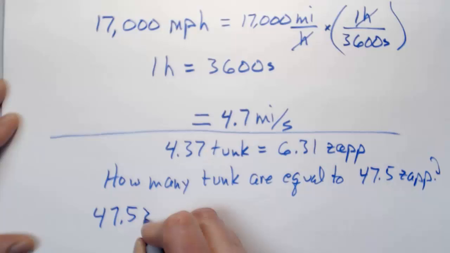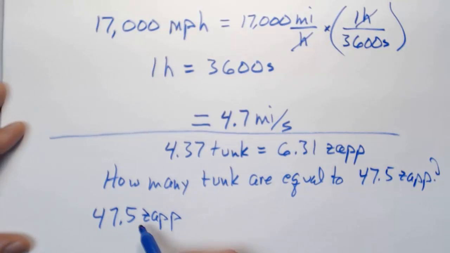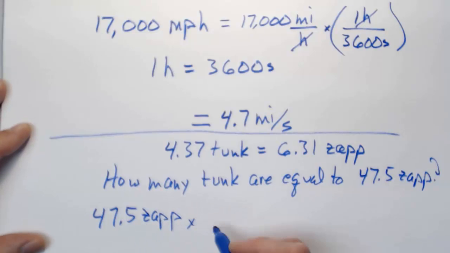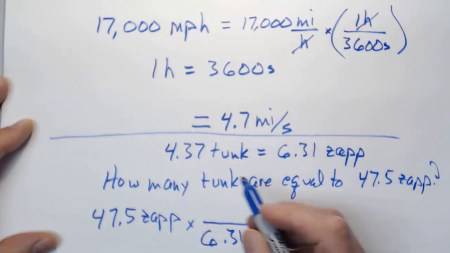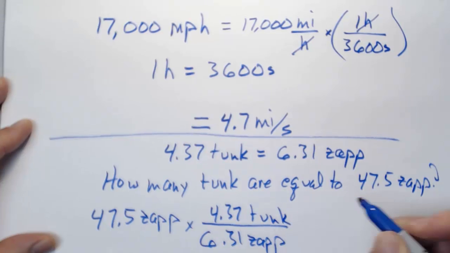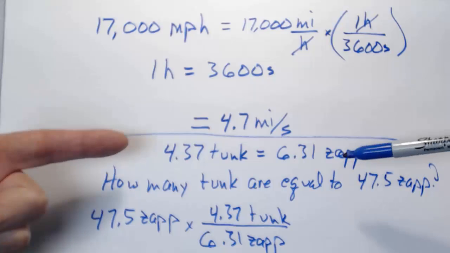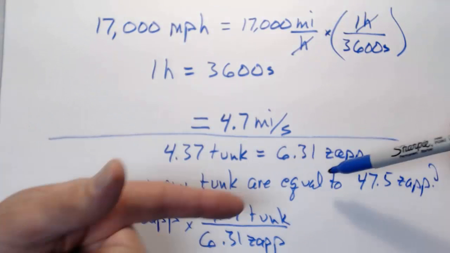47.5 zap. I'm going to want to change the zaps. They're effectively in a numerator here. Whatever I multiply them by is going to have zap in the bottom of a fraction. So my zaps are going to have to go down there. 6.31 zap and the 4.37 tunk go on top. Now, these two things are equal. Then if I divide a number by its equal, I get 1.